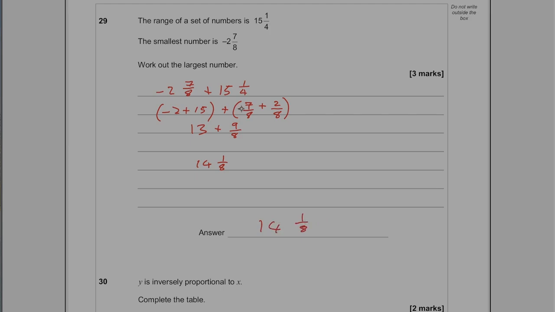I should have done minus there, sorry, so that would change quite a bit. So -7/8 plus 2/8 would be -5/8. So 13 plus -5/8 would be 12 and 3/8.